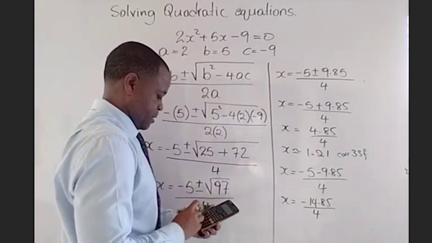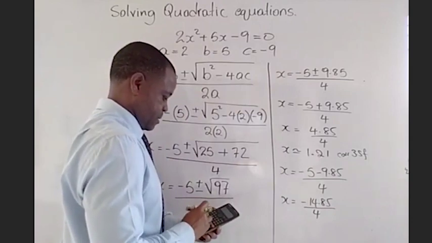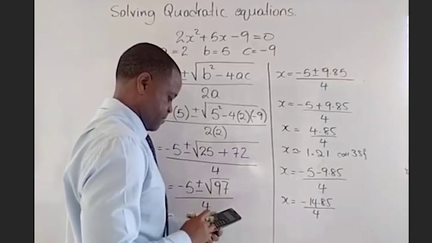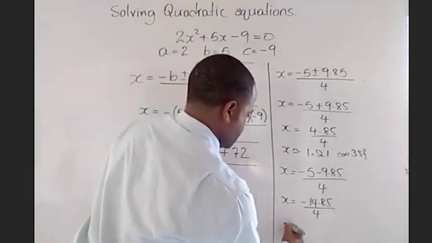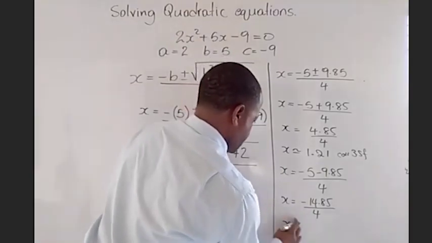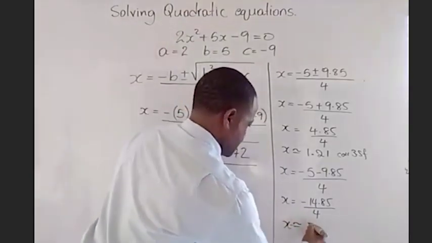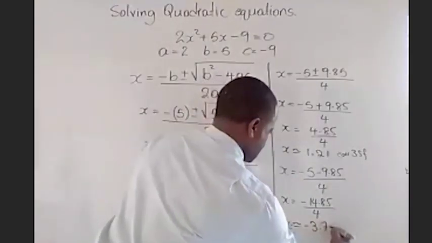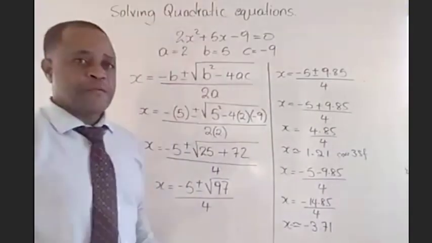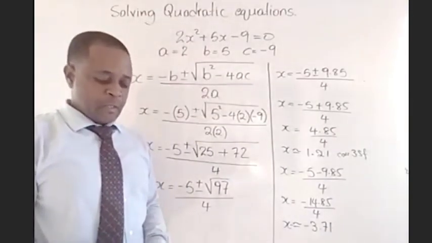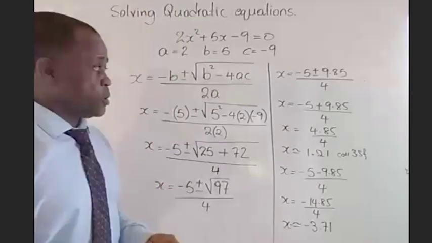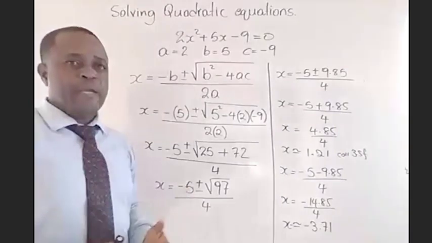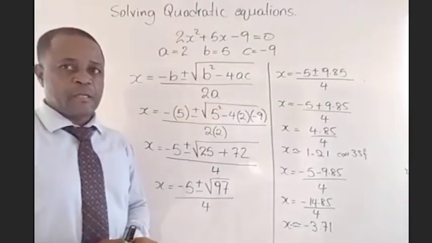So let's work that out. x is approximately equal to negative 3.71, correct to 3 significant figures. So that's how we would go about solving a quadratic equation that we're unable to use factorization to solve.